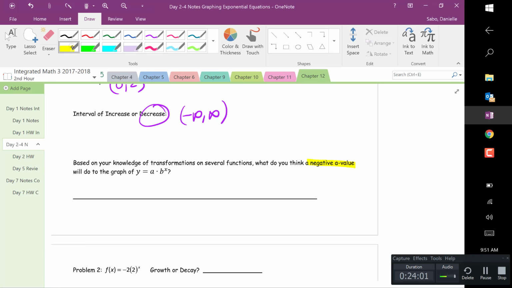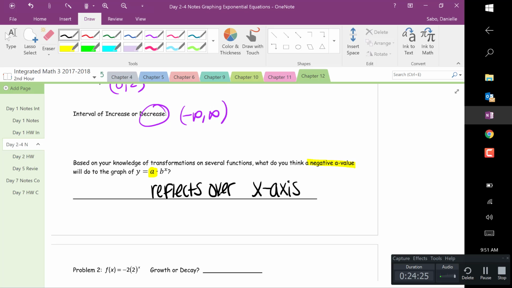So when you put a negative in the a value, it reflects over the x-axis. When we had that negative up on the exponent, we did this yesterday, it flipped over the y. That makes sense, that's why we're decreasing. Here, we're reflecting over the x.